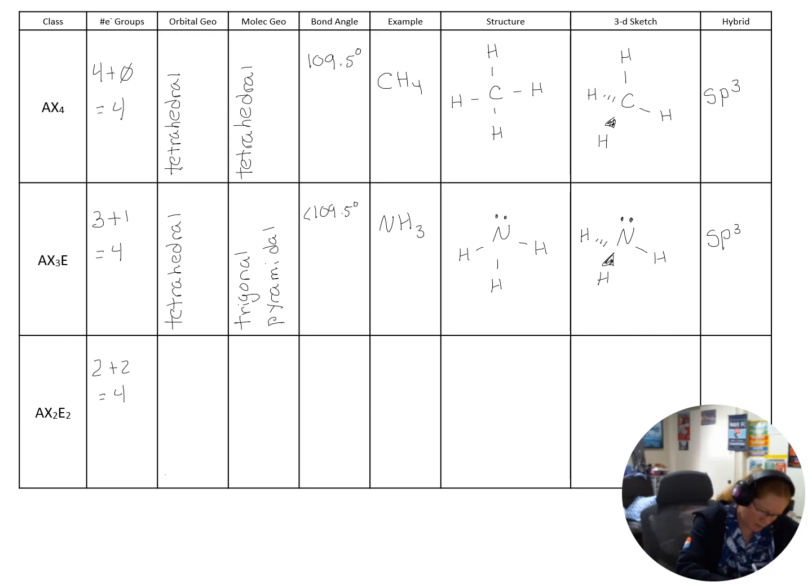So our orbital geometry is still tetrahedral. Okay, this is where our molecular geometry is bent. We're still less than 109.5 degrees, and we'll do water as our example here.